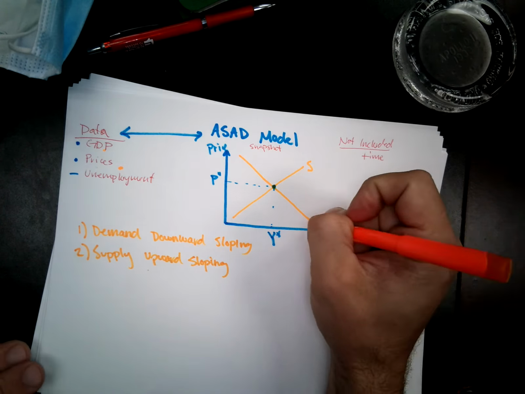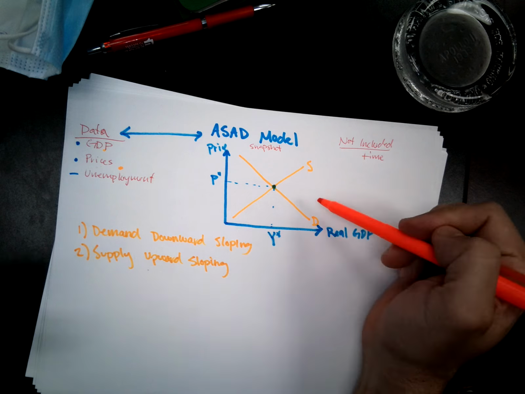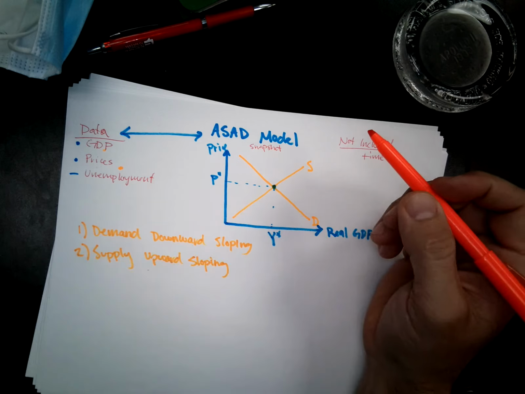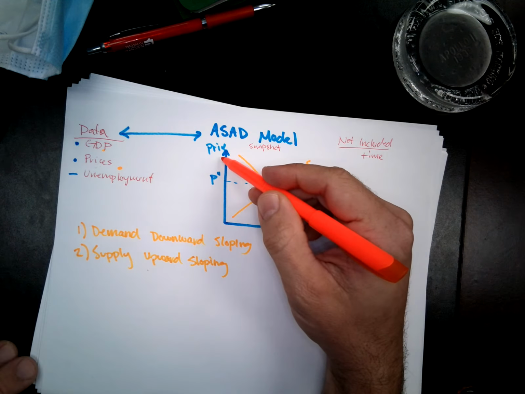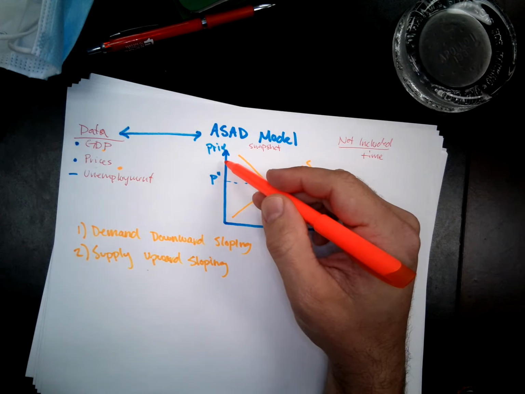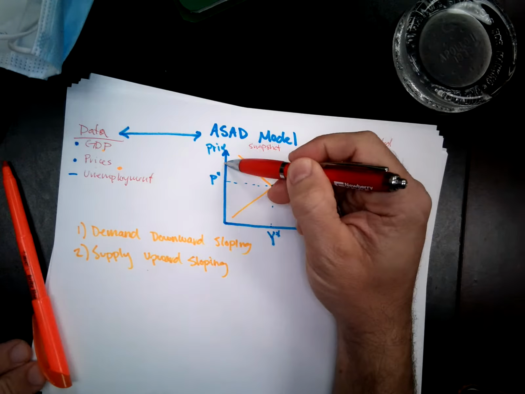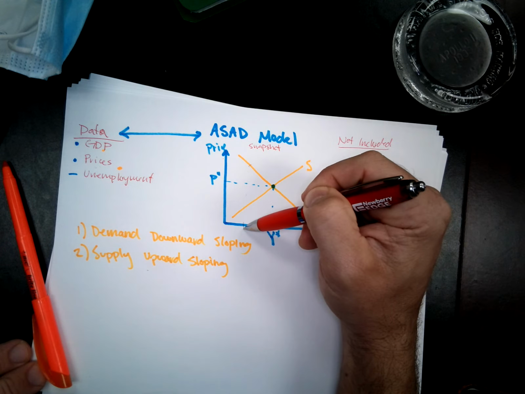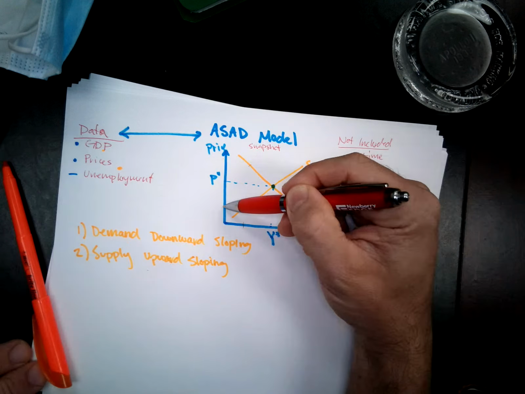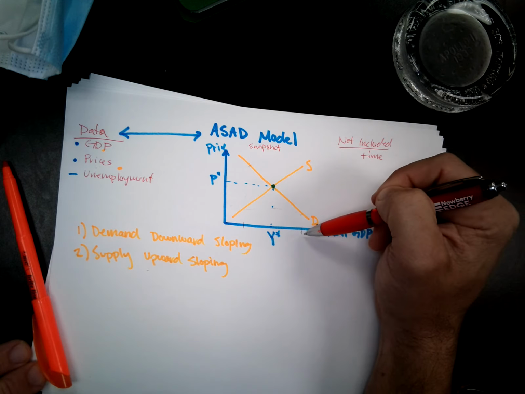Well, think about this. The downward sloping demand curve comes from this thing called the law of demand. So think about, at higher prices, do people demand more or less? Well, when the price is high, the quantity demanded is relatively low. When the price is low, the quantity demanded is relatively high.